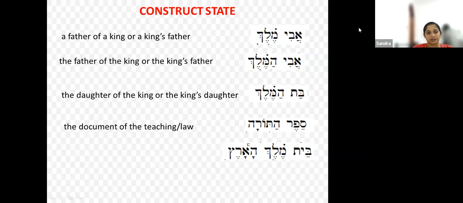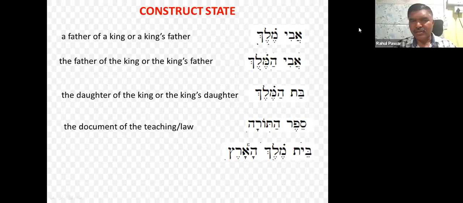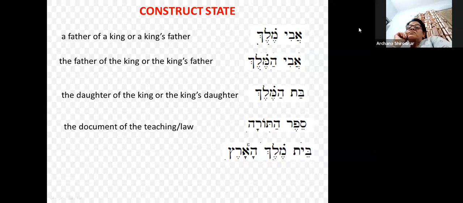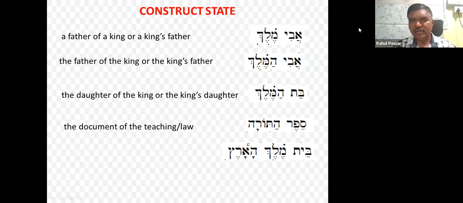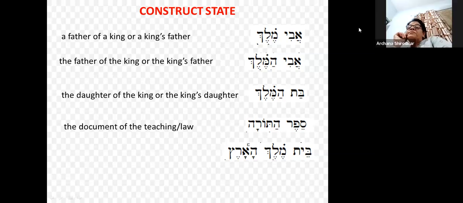So everywhere you see the construct state, it is translated in English as "of." Daughter of, document of. Avi is father of. Beth is the daughter of. So the construct state translation is always with "of."